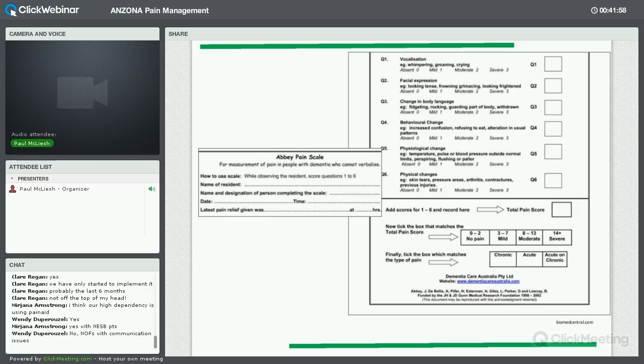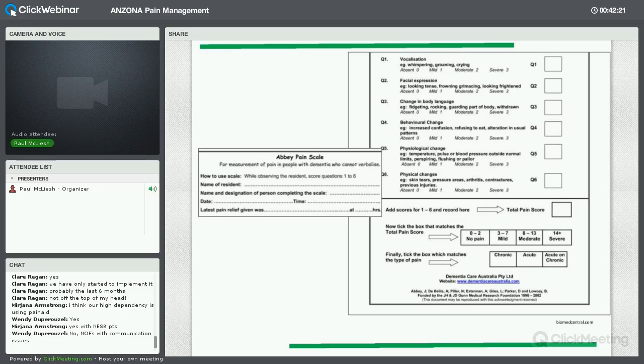So this is not the final layout that we use, but this just gives you an idea of the behaviour scale. And it goes through very similar things to the FLACC scale. So vocalisation, are they whimpering, groaning, crying, or moaning? Facial expression, so do they look tense? Are they frowning, grimacing, looking frightened? Is there change of body language?